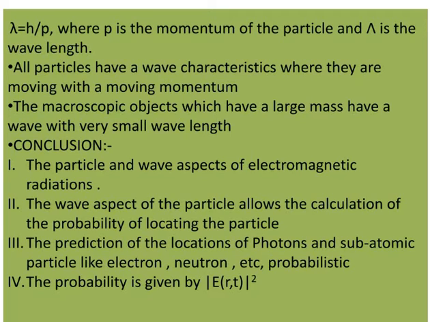The wave aspect of particles allows the calculation of the probability of locating the particle. The prediction of the locations of photons and subatomic particles like electron, neutron, etc. is probabilistic, and the probability is given by psi square.